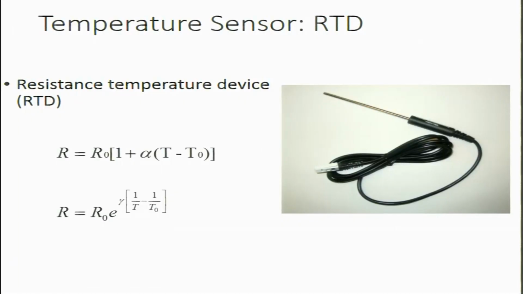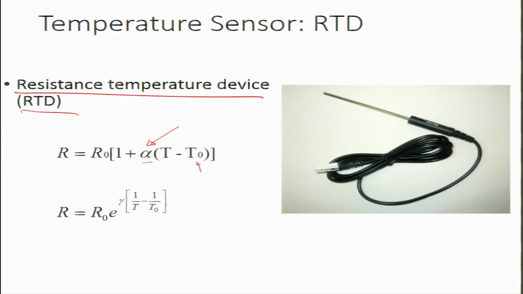Another very useful temperature sensor is the resistance temperature device, RTD, which again works on the principle of change of resistance based on temperature. In this case, it is either a metal which shows a linear change, or a material where there is an exponential change of resistance with respect to temperature over and above room temperature.